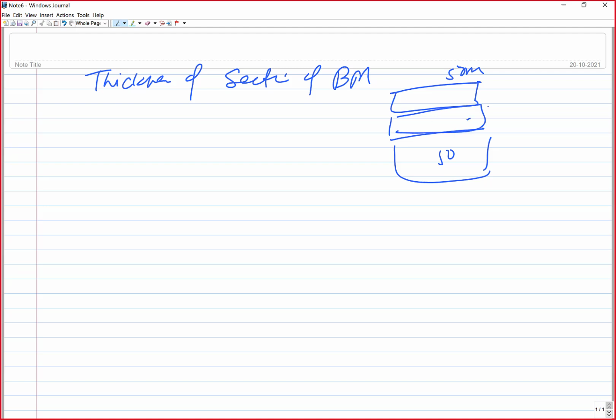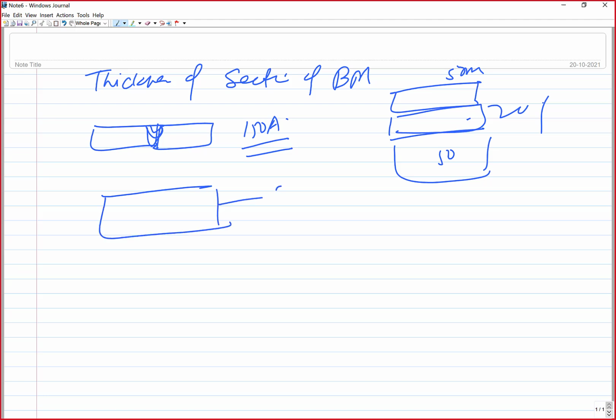When the thickness is very small, you need very little heat for through thickness penetration. You don't need to supply much heat, so 150 ampere current may be good enough for 5 mm. But if it is 20 mm, you may have to go for 300 to 400 ampere current for realizing the through thickness penetration.